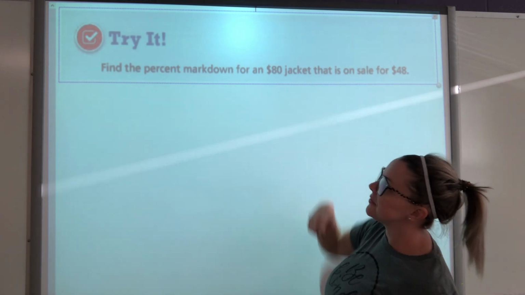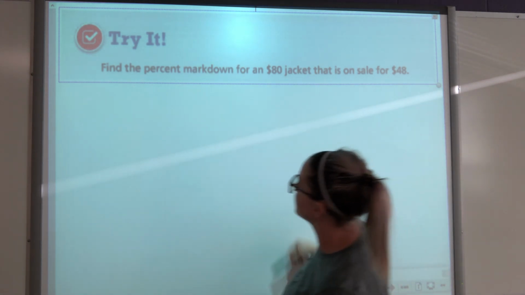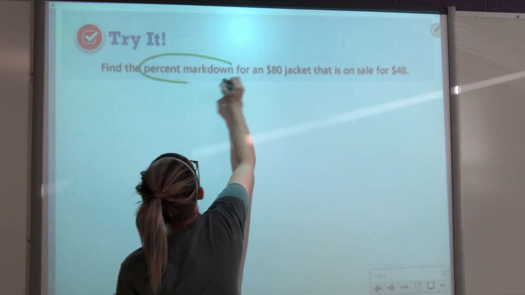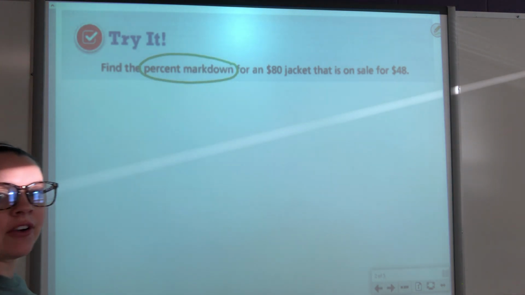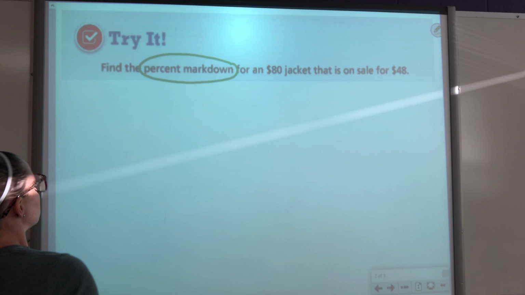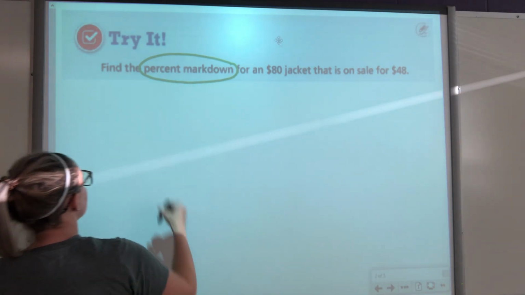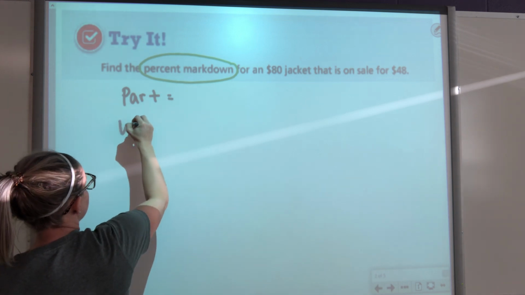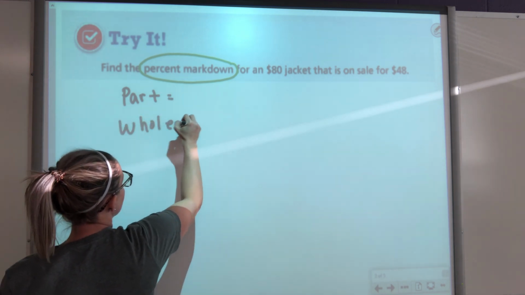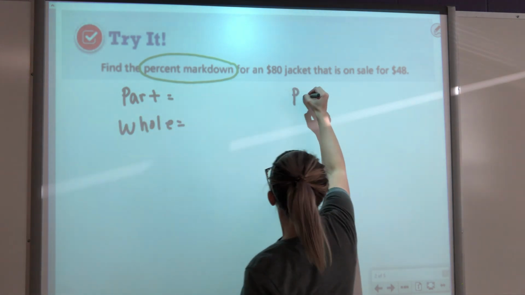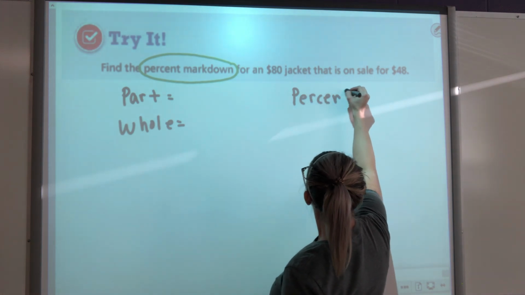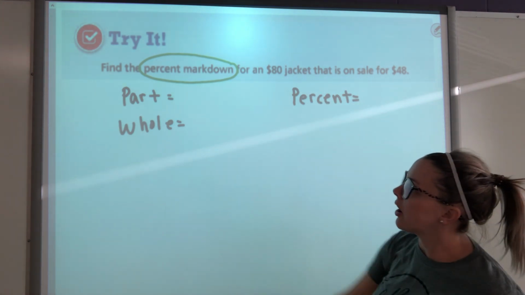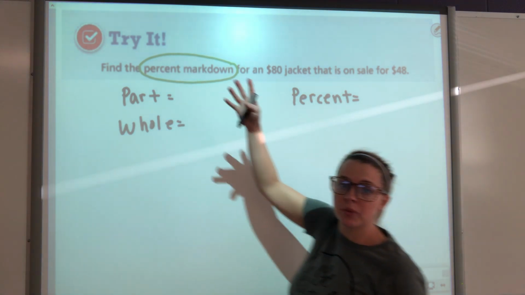So we're trying to find the percent of markdown. Okay? So we know we're not going to have our percent value. So we need to calculate the part. We need to find the whole. And we're looking for the percent. Okay? It says find the percent markdown, so we don't know that.